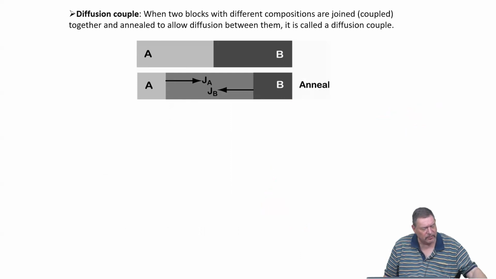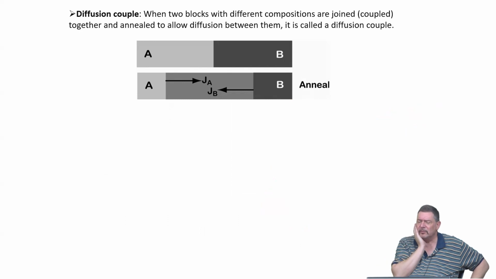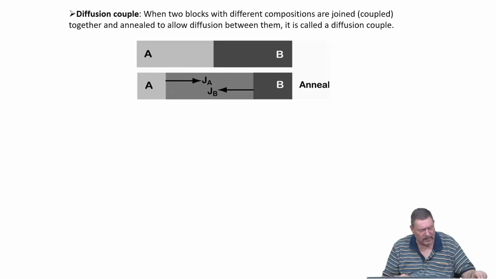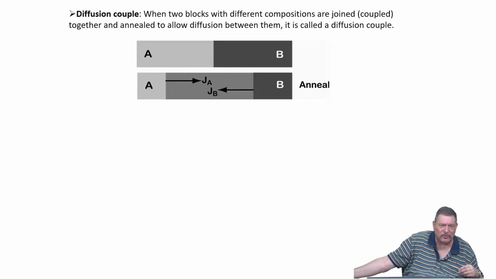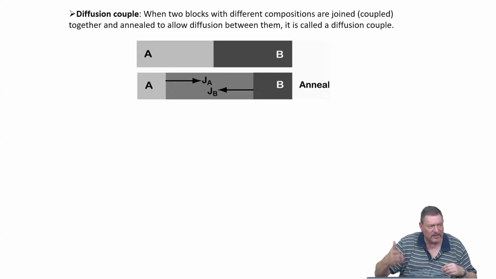I said radio tracer diffusion, but I want to go back to the diffusion couple, because this is what many more people are doing and can do, even in any laboratory where you have a scanning electron microscope and a furnace. You can do these interdiffusion measurements by using diffusion couples. So you don't need radioactive tracers, you don't need isotopes. Unfortunately, you can then not use the isotope counting, so you will lose sensitivity.